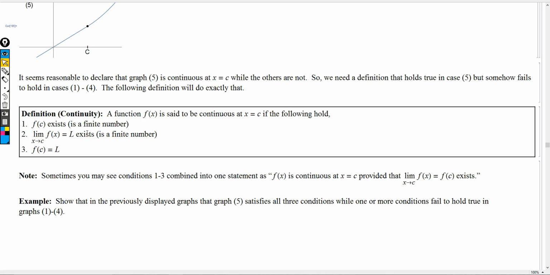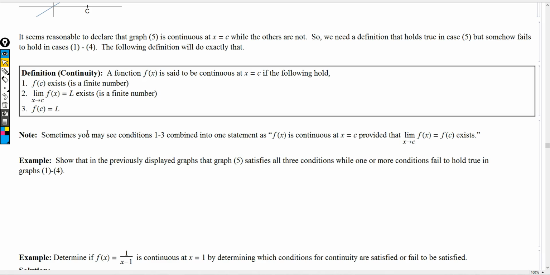Now, notice this one thing here. Sometimes you'll see conditions 1 through 3 combined into a single statement, where we say f of x is continuous at x equaling c, provided that the limit as x approaches c of f of x equals f of c exists.